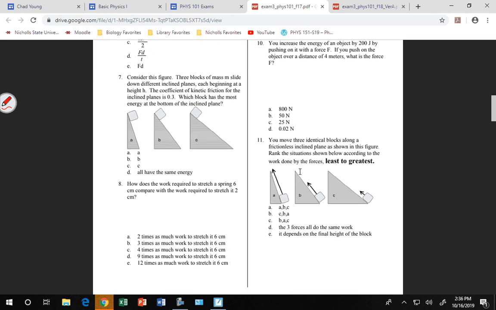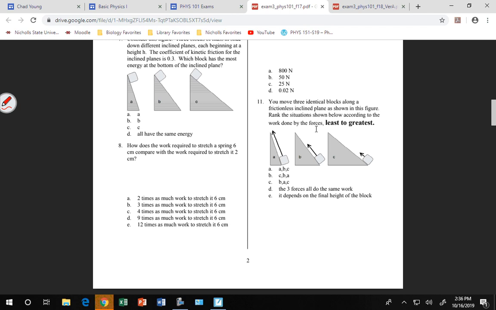You move 3 identical blocks on a frictionless inclined plane. Rank the situations according to the work done by the forces. In this case, since there's no friction, you only have conservative forces. So whatever work you do changes the energy by the same amount.